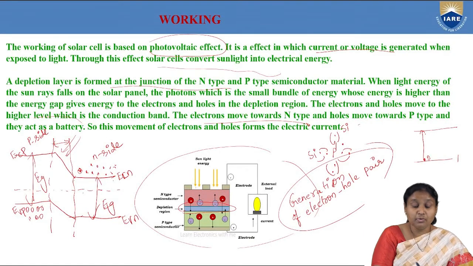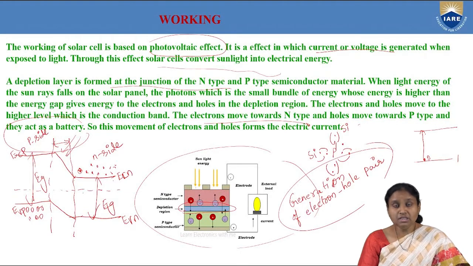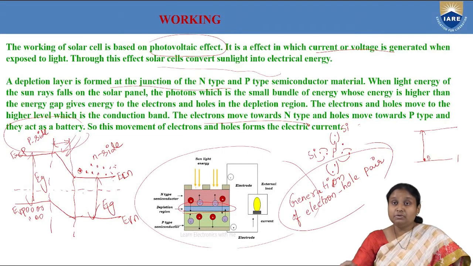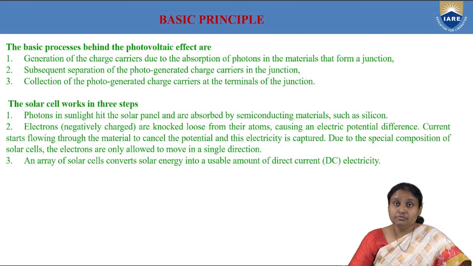Now, one important point is that this movement will make them act as a battery. That is nothing but generation of voltage. So this movement of electrons and holes is going to give us our electric current. In order to understand this working more, we are going to take the basic principle involved.